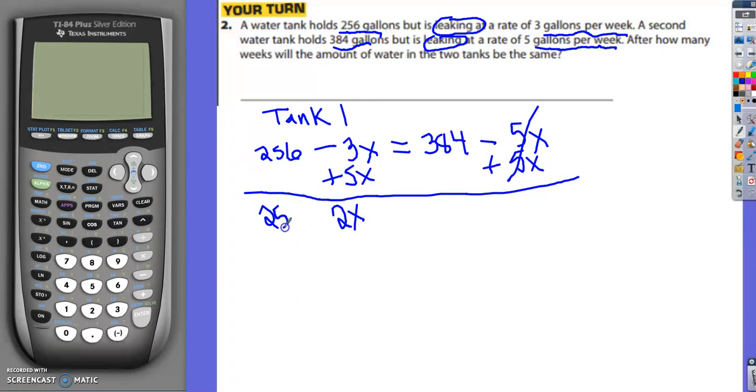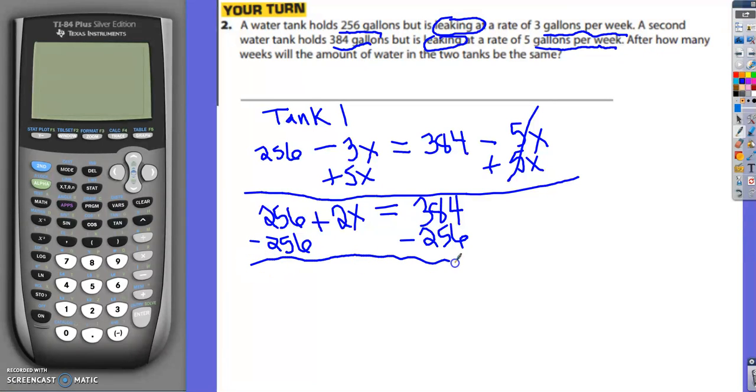So now we're going to say 256 plus 2x equals 384. Now I have to get rid of the constant 256, so the opposite of 256 is minus 256. And we're going to subtract 256 from both sides.